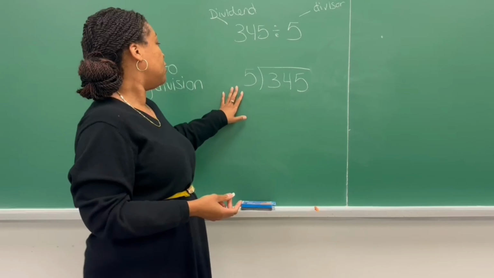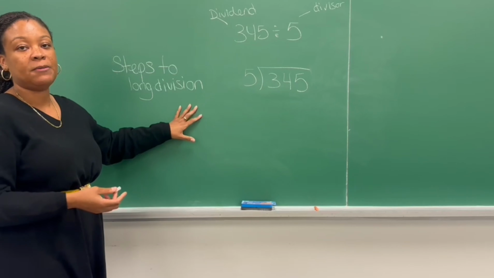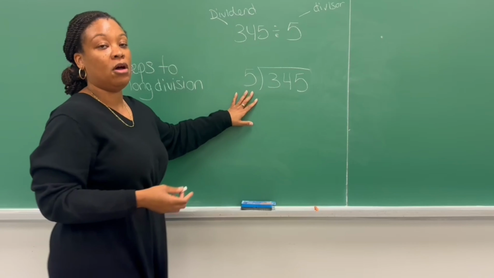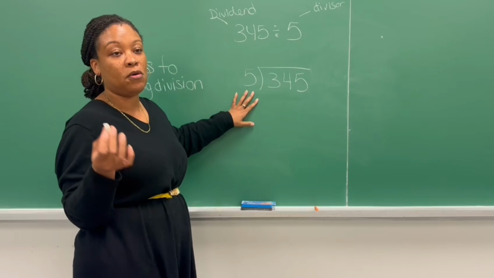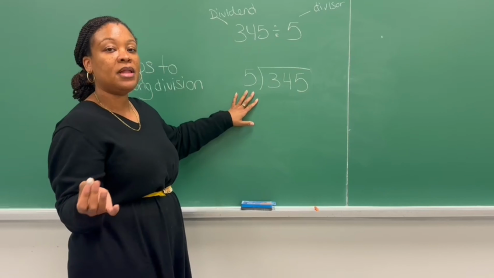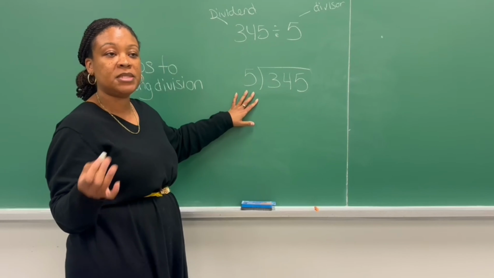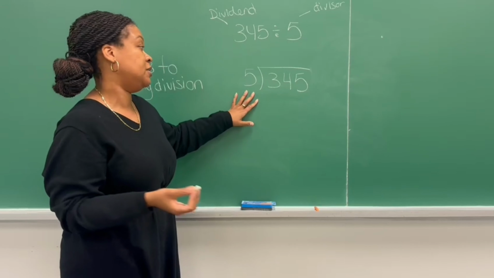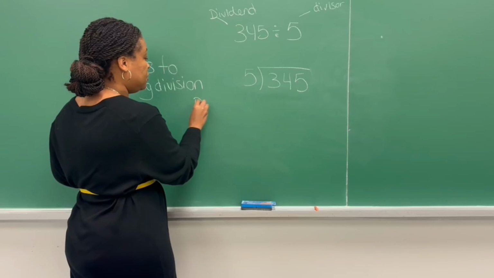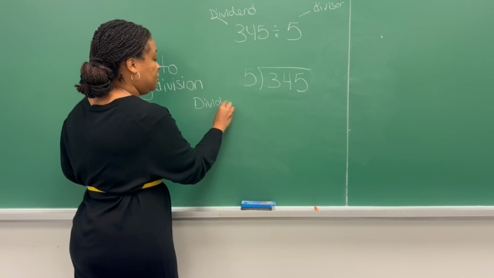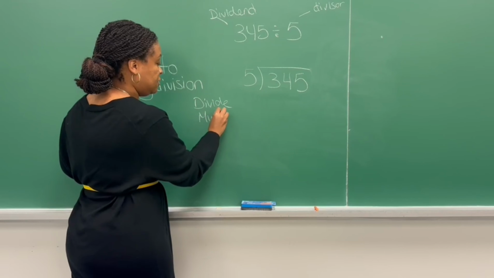Now, there are 4 basic steps when it comes to doing a long division problem. I'm just going to go over the steps with you, as well as some acronyms that you can use to help you remember the steps.